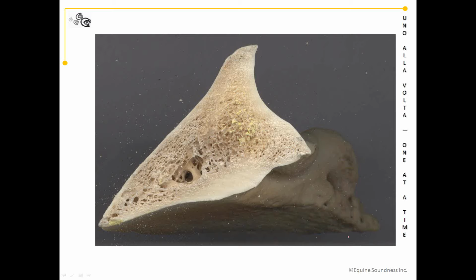So half of the coffin bone sits back here with the extensor process here. And the middle, because the bottom of the coffin bone is vaulted, the sole side is vaulted, looks as if it is very sharp, but it actually is not.